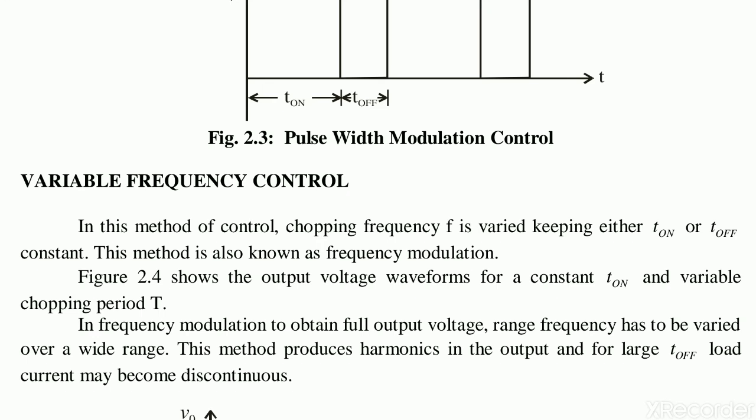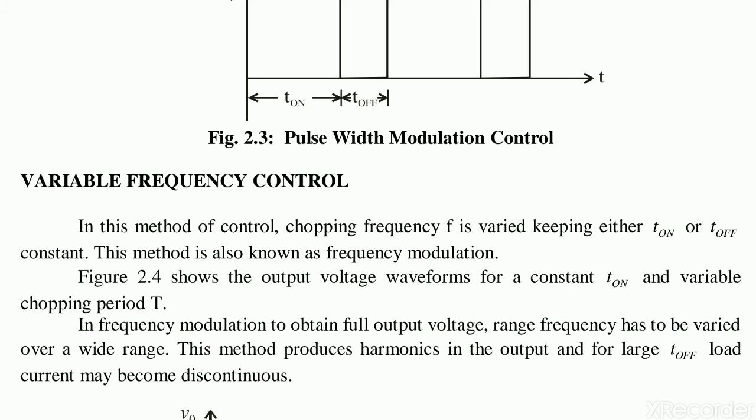We will see in the figure how the output voltage waveform for a constant T on and variable chopping period T can be varied. In frequency modulation, to obtain full output voltage range, frequency has to be varied over a wide range. This method produces harmonics in the output, and for large T off, load current may become discontinuous.